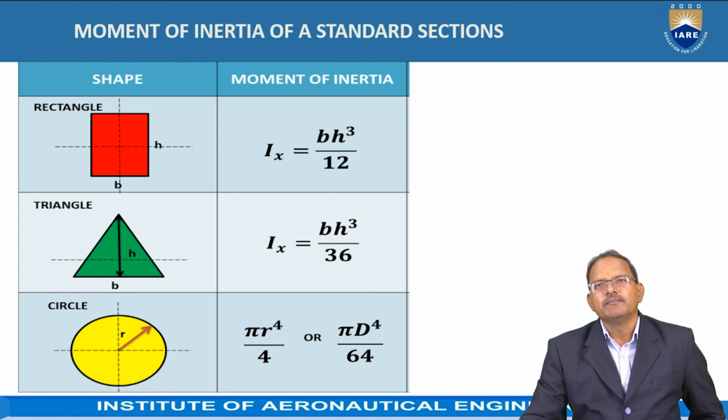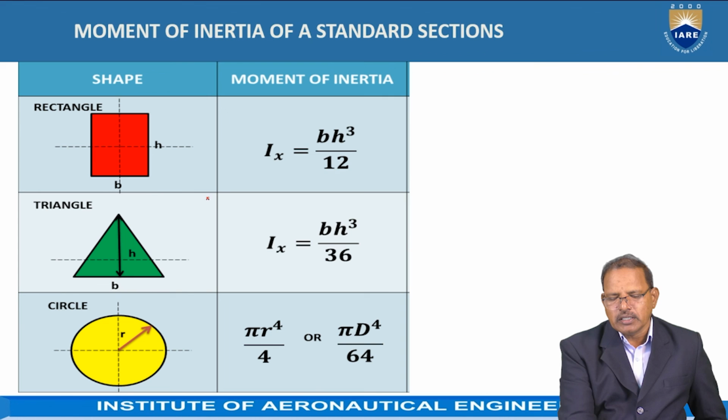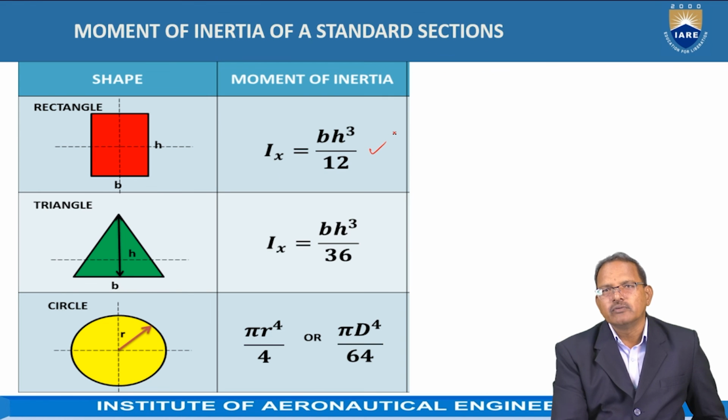These are the summary of the moment of inertia possessed by some regular sections about their central axis. About the x-axis, for the rectangle, it is equal to b h cube by 12. For the triangle, it is b h cube by 36. For the circle, pi d to the power of 4 by 64, and so on.